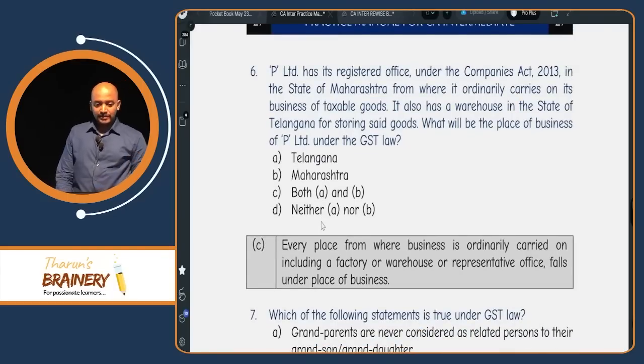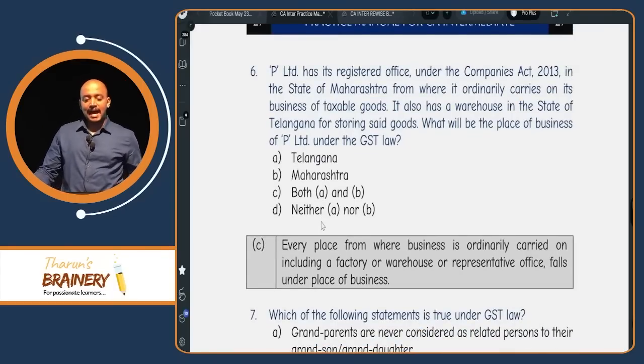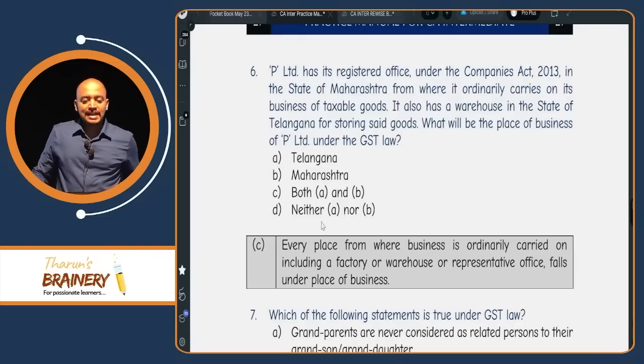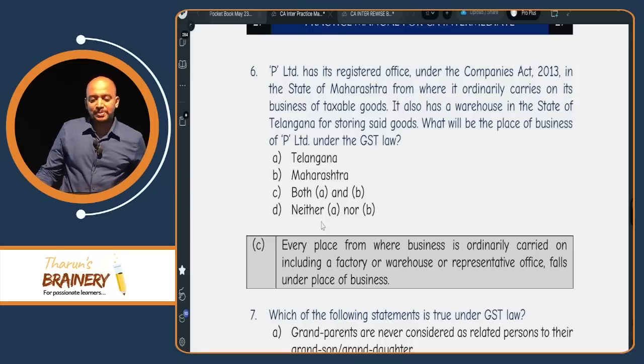Then number 6. P Limited has its registered office under the Companies Act 2013 in the state of Maharashtra, from where it ordinarily carries on business of taxable goods. It also has a warehouse in the state of Telangana for storing the said goods. What is the place of business of P Limited?